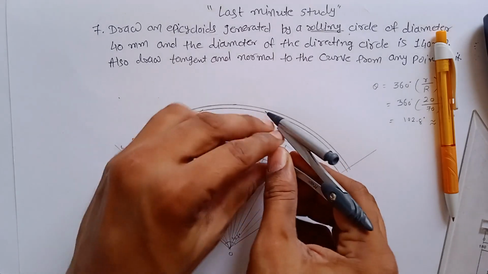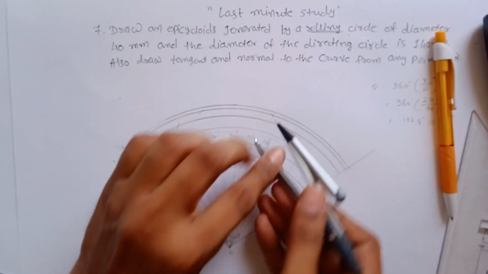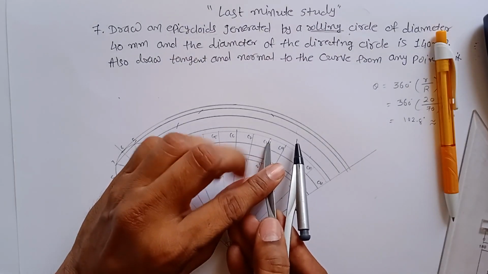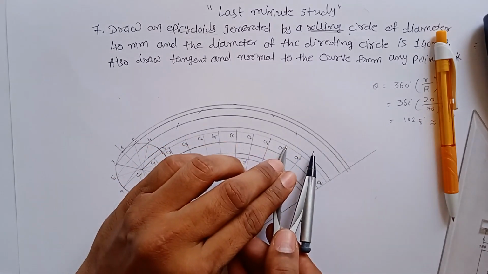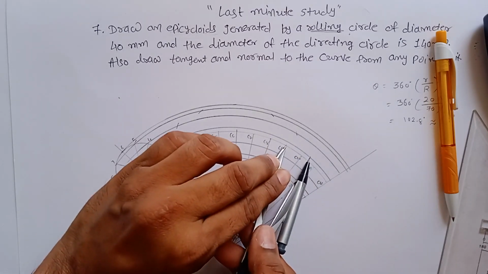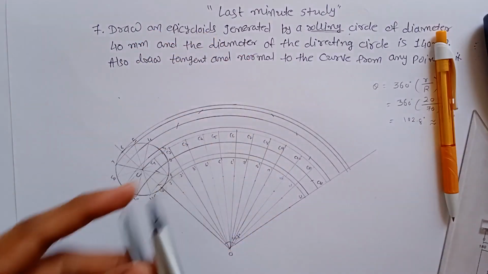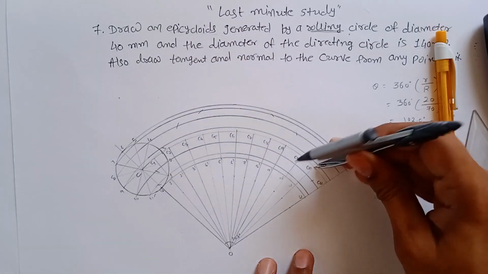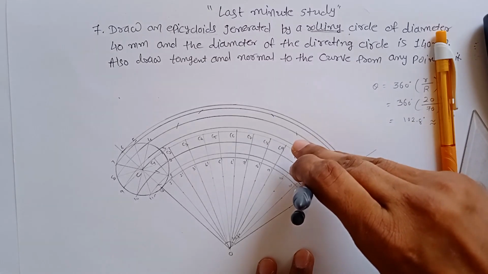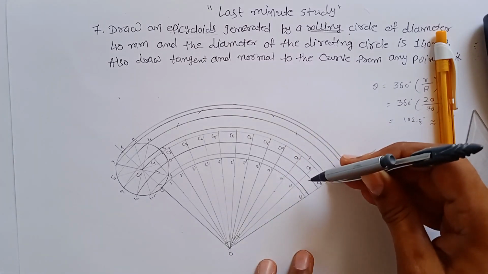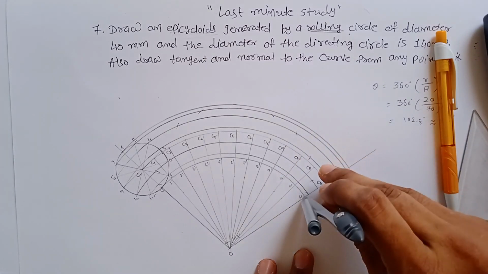For 7, again you have to go in the downward direction. This is 7, 8, 9, 10, 11, and at the end it is up to 12.